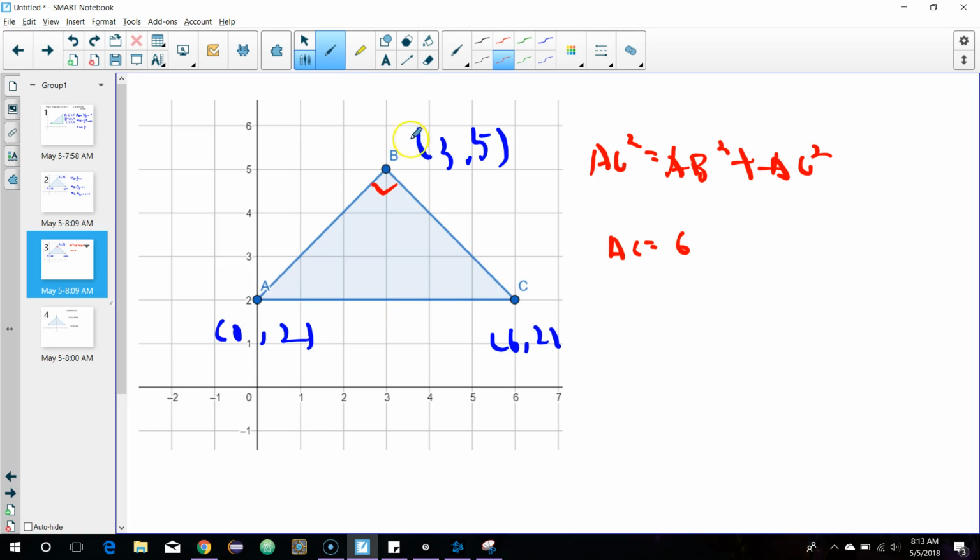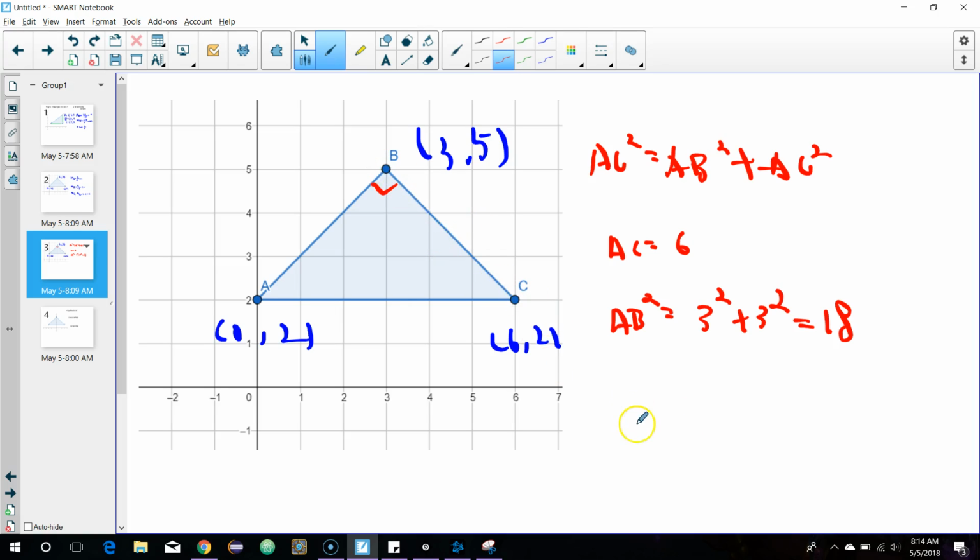That's fine. We are going to find the distance AB. The distance formula basically says you have a square. The distance between the 0 and 3 is going to be 3 squared. The distance between 2 and 5 is going to be 3 again. So 9 plus 9 is 18. So AB squared is equal to 18. I'm going to keep that over there because my equation is going to use AB squared.